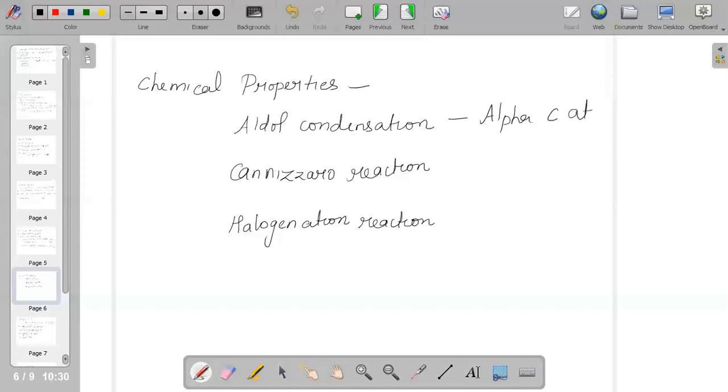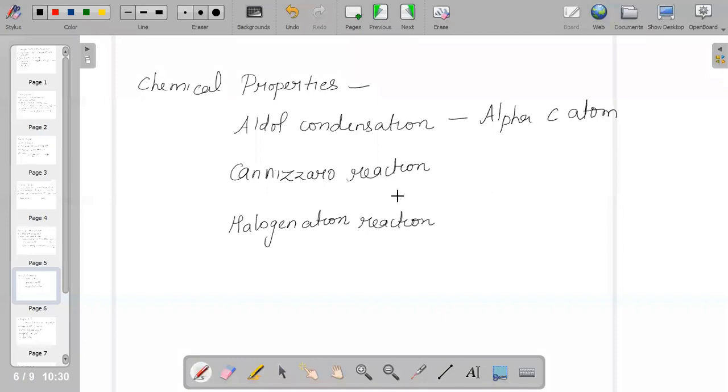There is a possibility of self aldol condensation, where you take 2 molecules of ethanal and they undergo condensation, or cross aldol condensation, where you take 2 different molecules, like ethanal and propanal. So in aldol condensation, 2 possibilities are there, either self or cross.